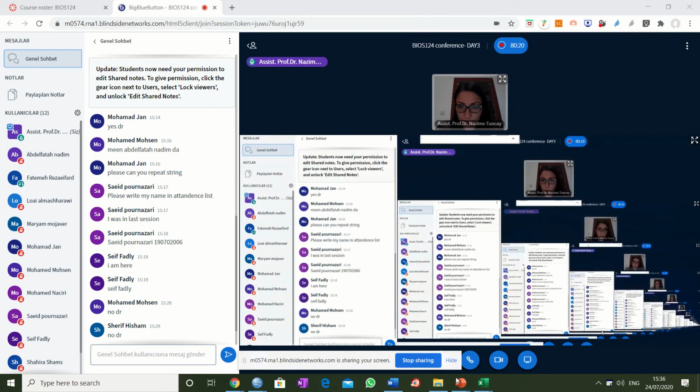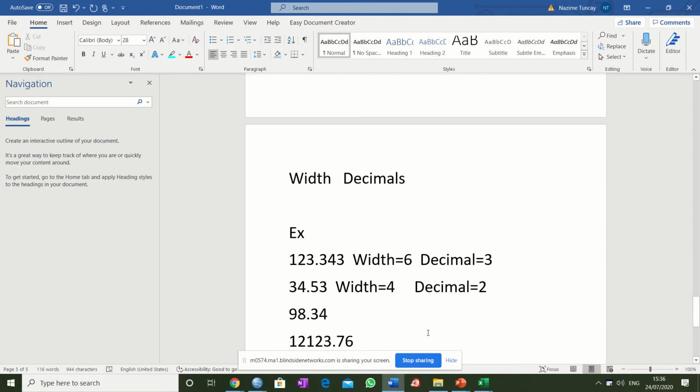Yes, width is 6, decimal is 3 in the first one, because I have 6 numbers here and 3 after the dot. And here width is 4, and decimal is 2.